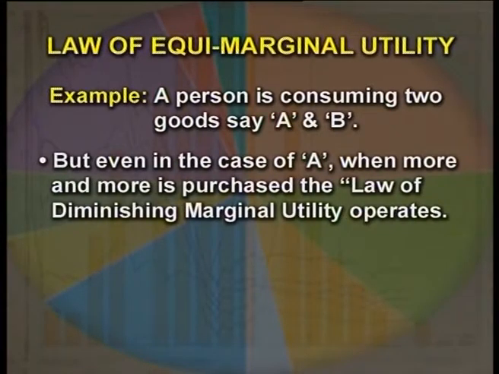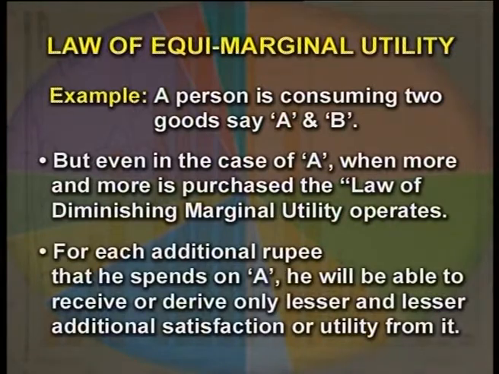But even in the case of A, when more and more is purchased, the law of diminishing marginal utility operates, and therefore, for each additional rupee that he spends on A, he will derive only lesser and lesser additional satisfaction or utility from it.